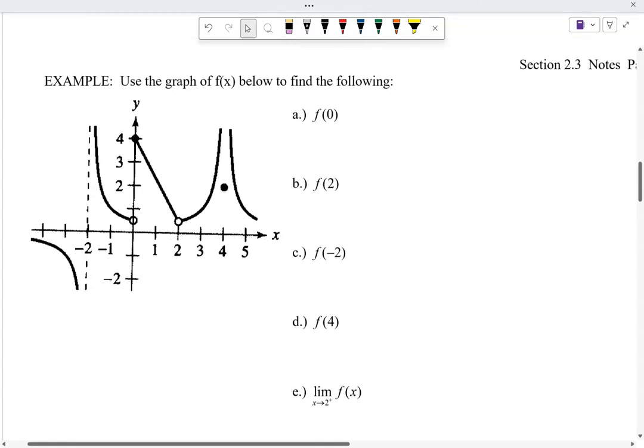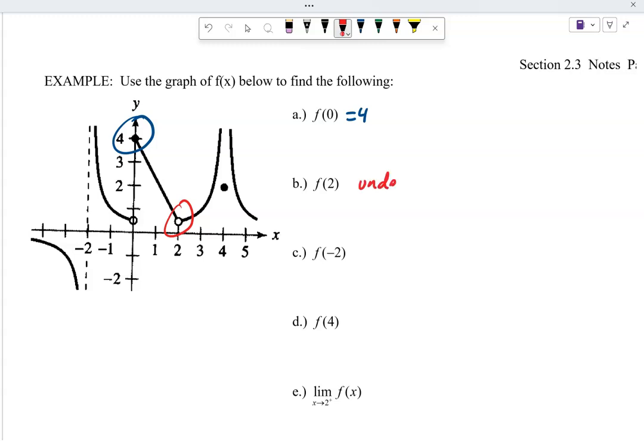Let's do these things visually for a minute, and we'll get into some more discussion. All right, our functional value at 0 here. What's our functional value right there? Looks like it's 4. F of 2, notice f of 2 has a hole, so the functional value at 2 is undefined or does not exist.